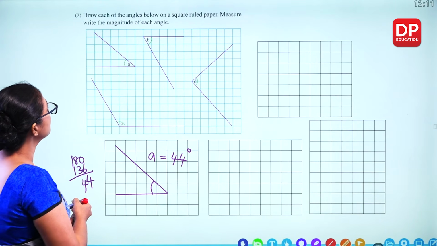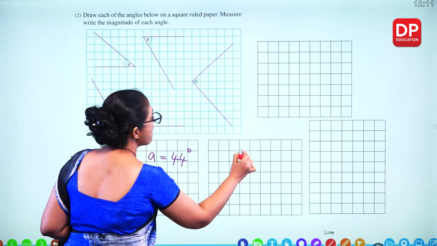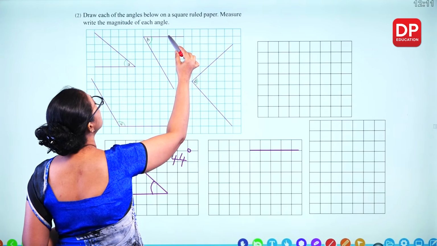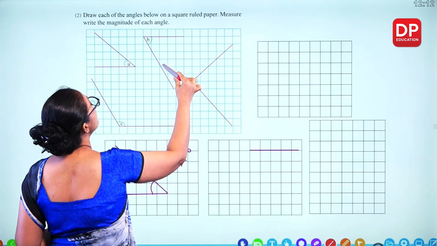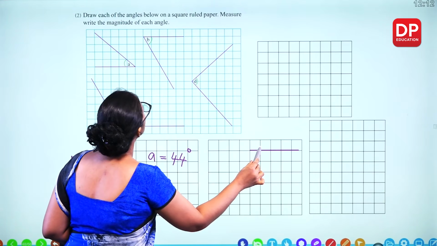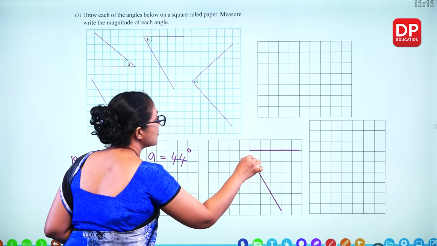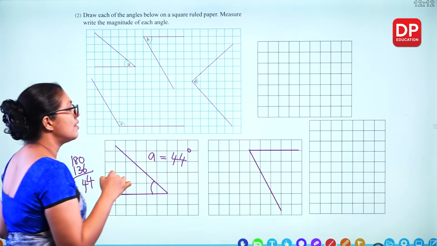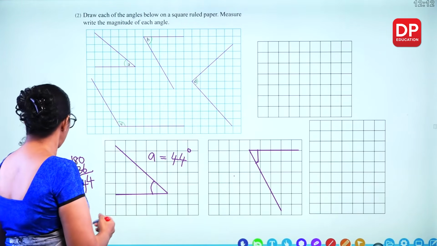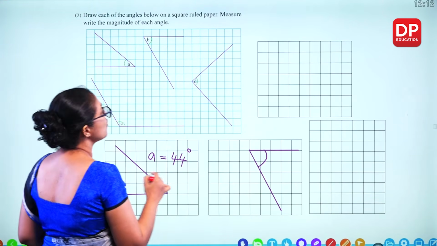B is also an acute angle. So we can draw it first. Draw a line here. And how many? Like here, 1, 2, 3, 4, 5, 5.5, so somewhere here. So this is the B angle, and it's acute.